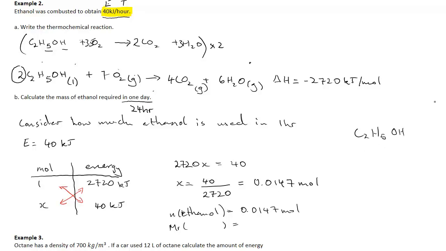So we have 24 plus 16 plus 6 from our hydrogen value there.